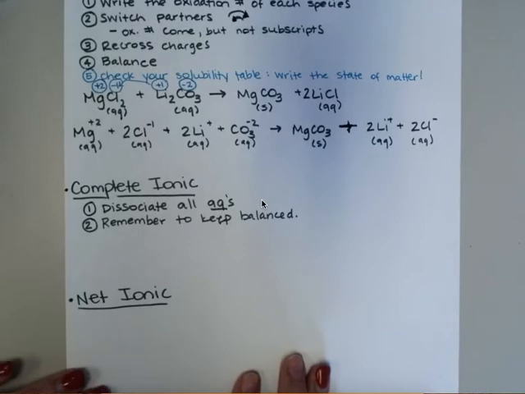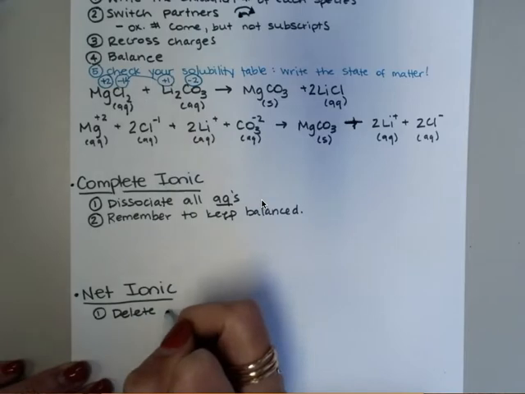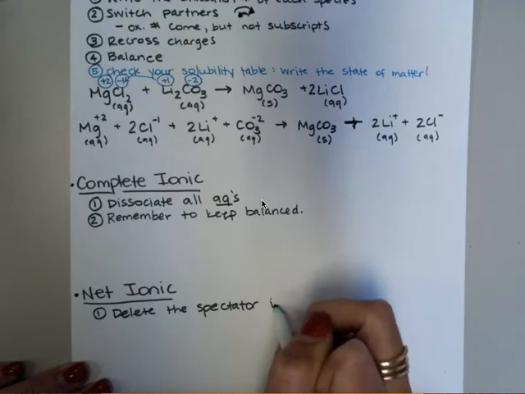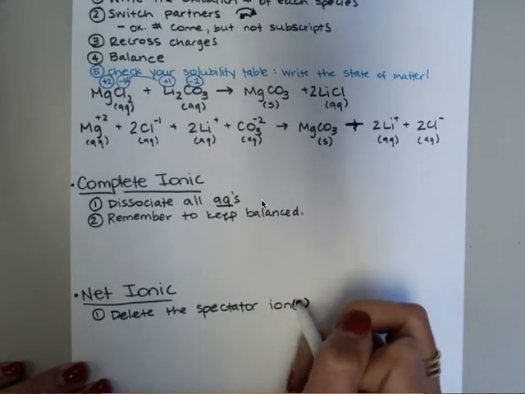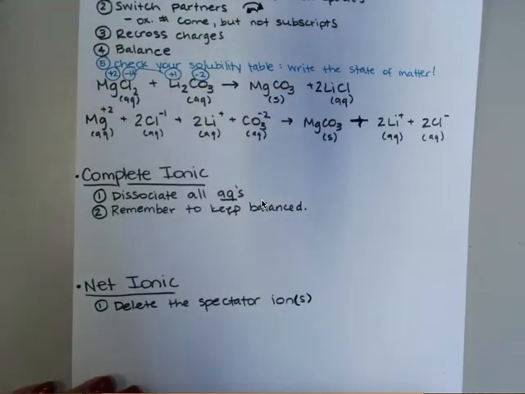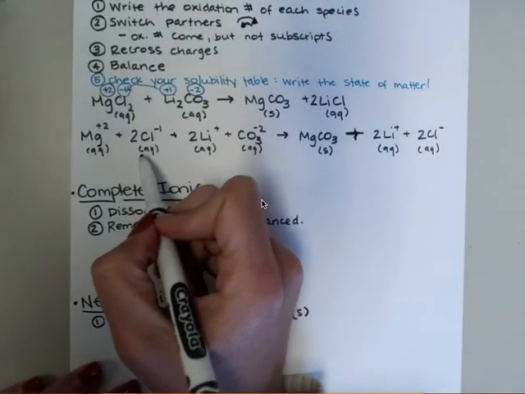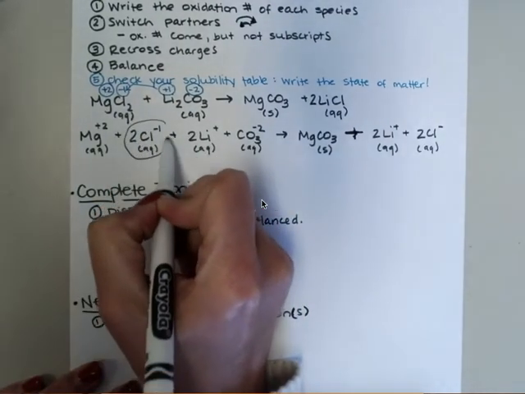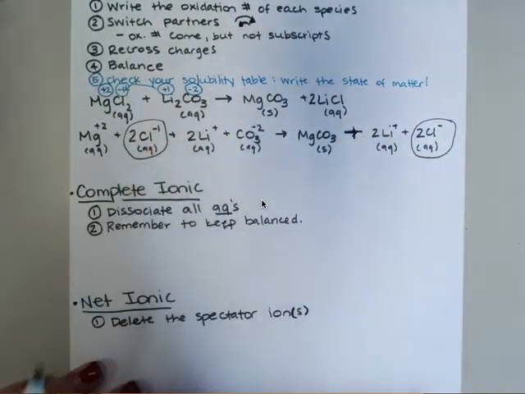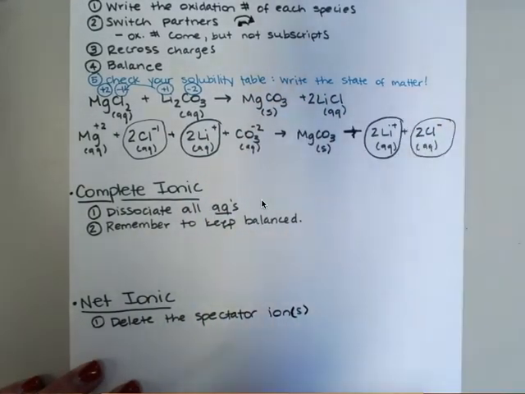So then all you have to do after you have a complete ionic for a net ionic is just delete the spectator ions, and you write what's left over. Back up here at the front, I see that I have 2 Cls that are identical on both sides. I have 2 lithium ions that are identical on both sides.